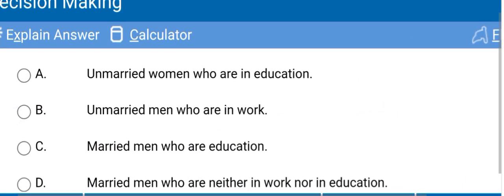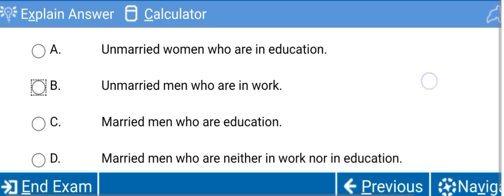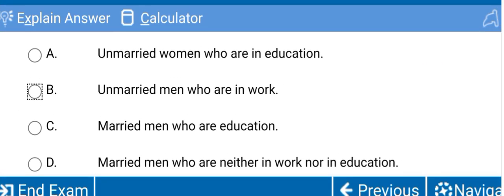Option A, unmarried women who are in education. Option B, unmarried men who are in work. Option C, married men who are in education. And option D, married men who are neither in work nor in education.